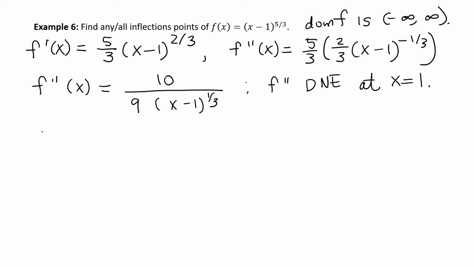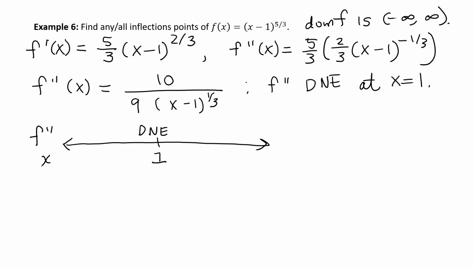Now let's make a number line sign chart for the second derivative. I'll write f double prime to indicate I'm looking for the sign of the second derivative, x below it to indicate that that's a particular x value. So when x is 1, the second derivative doesn't exist. We need to now evaluate for the sign of the second derivative in the region before and also in the region after 1.